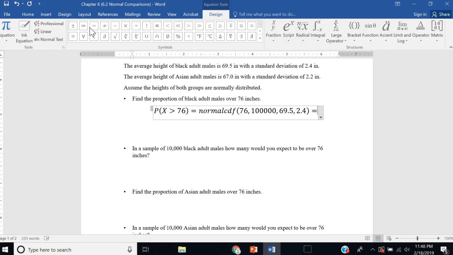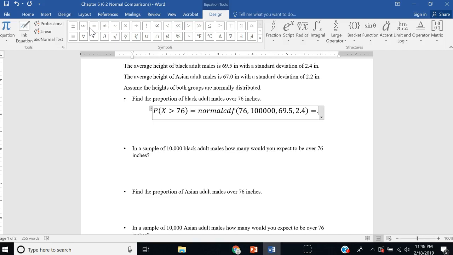So again, don't forget where that is on your calculator in the distribution menu: normal CDF, 76, comma, a really big number, comma, average of 69.5 and 2.4 as the standard deviation.